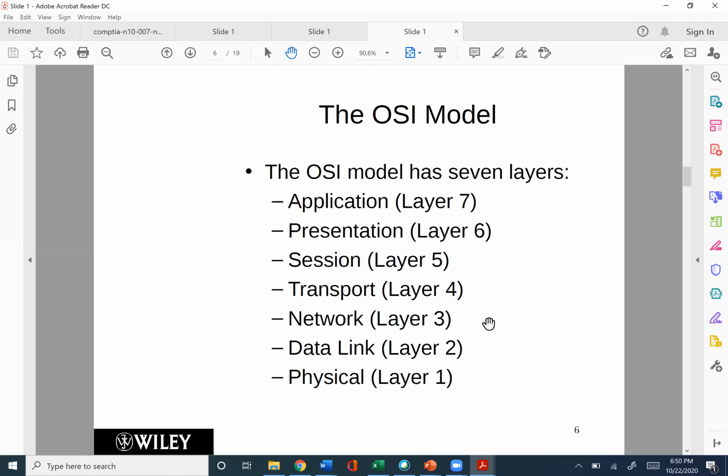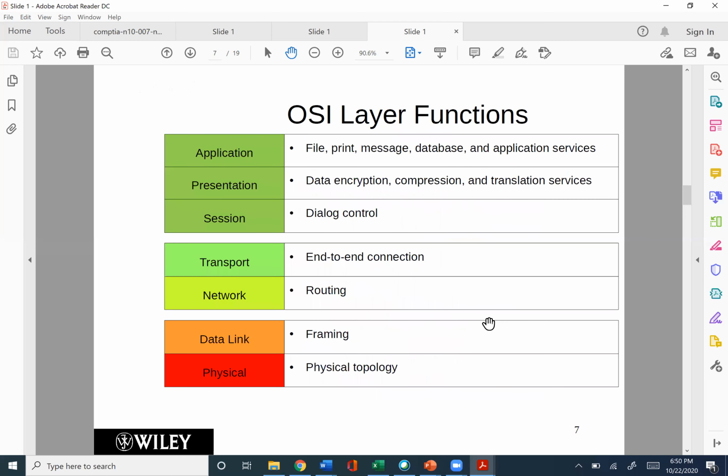Each layer has something that functions on top of it. When we talk about physical, we talk about cabling. When we talk about data link, we talk about MAC addresses and switches. Network, we talk about routers and IP addresses. Transport, we talk about TCP and UDP, the transporting protocols that we have. Session is basically a control.